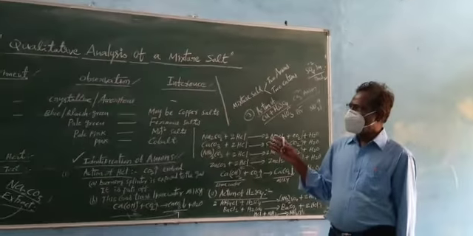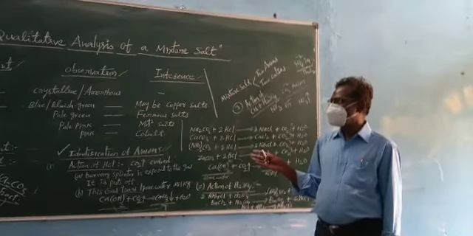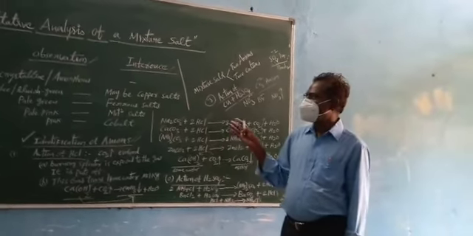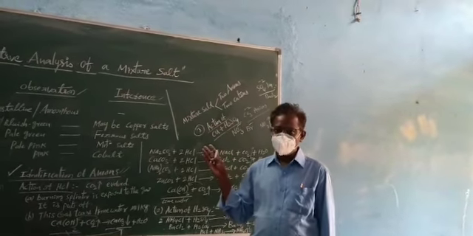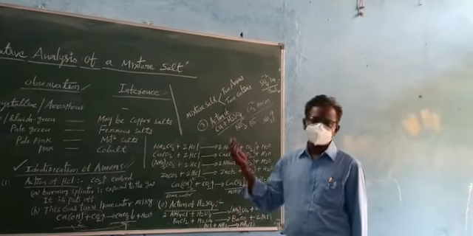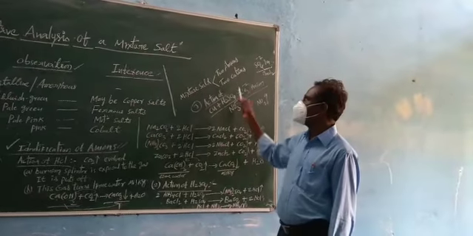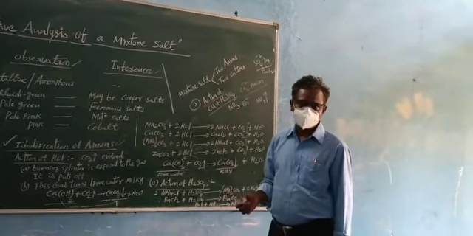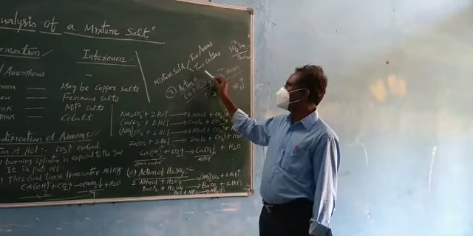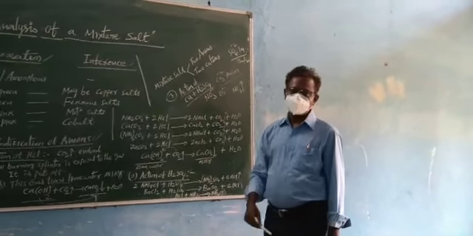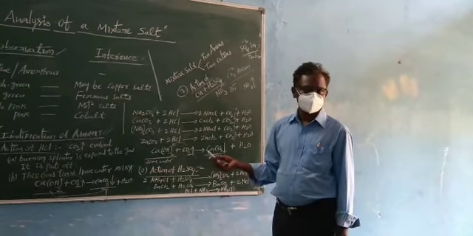After identification and confirmation of anions, next you proceed to the identification of cations. You know very well each mixture salt contains 2 anions and 2 cations. First you find out the 2 anions present in the given mixture salt. After that you identify the 2 cations present in the given mixture salt by the qualitative analysis method.